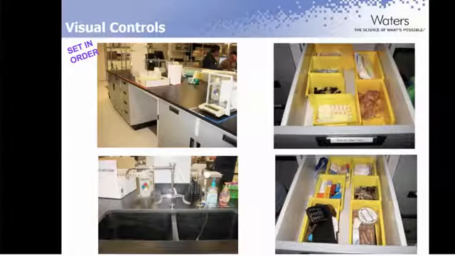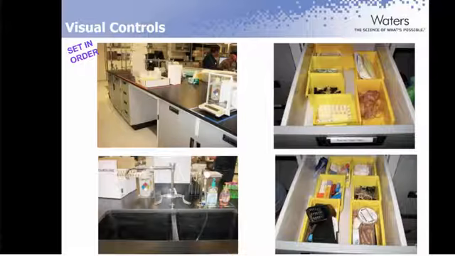So here are some examples of set in order that we've done using visual controls. As you look at the top left, we have identified where things are supposed to be. You can see the various tape on top of the workbench. We decided that anything that can basically grow legs and be picked up and moved, we want to put a location mark on our tabletops or bench tops.